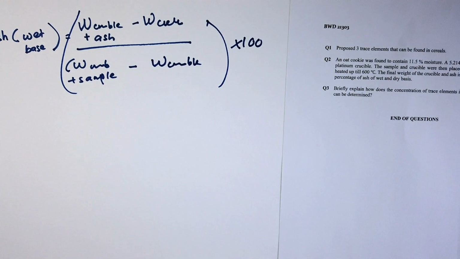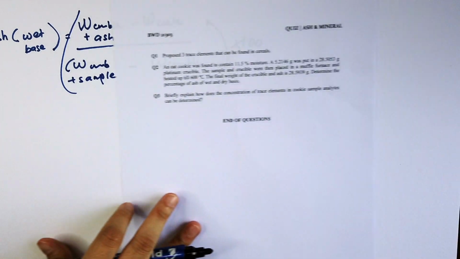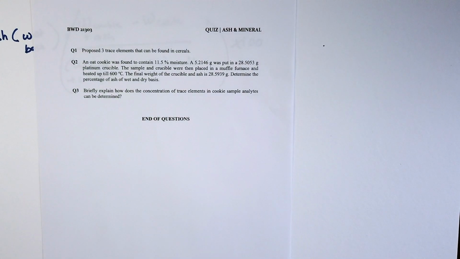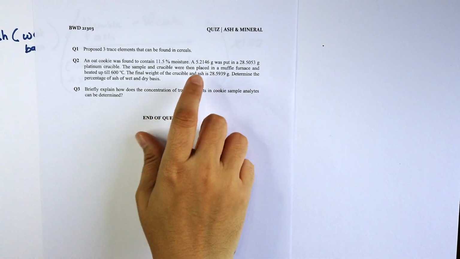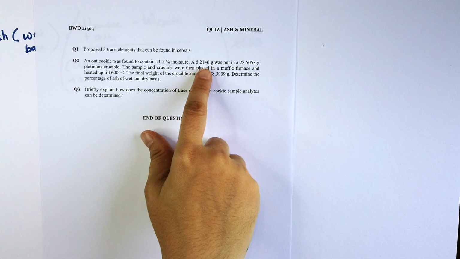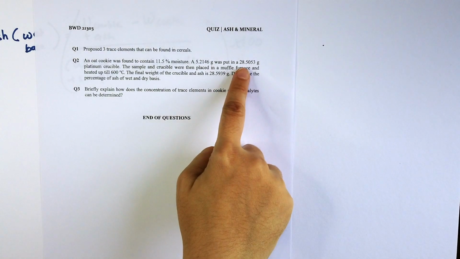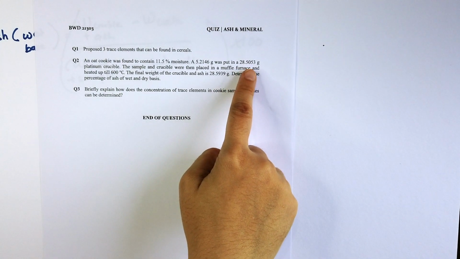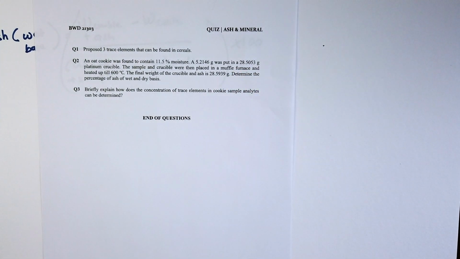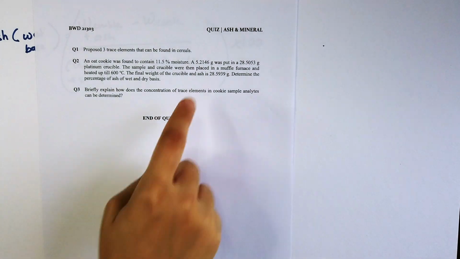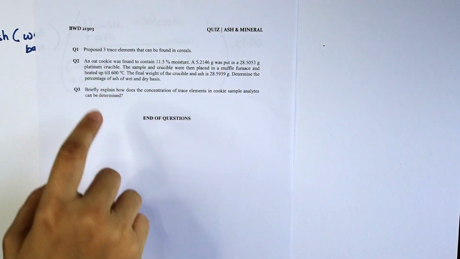So from the question, you need to know what is the weight of the crucible and ash. 5.2146 gram of the sample was put in a 28.5053 gram platinum crucible. So this is your sample, this is your crucible.